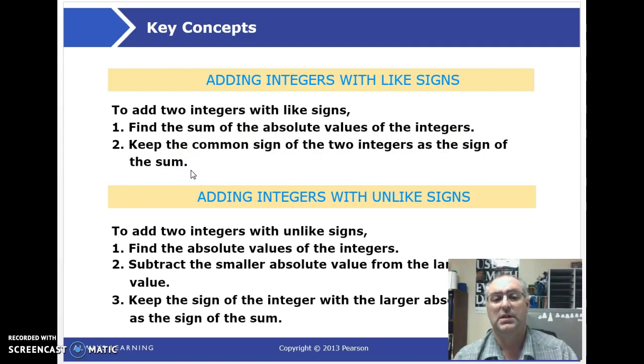I usually tell students that you can keep the larger one, because if they're the same, then obviously the larger one will be the appropriate sign. When adding integers with unlike signs, you first find their absolute values, subtract the smaller absolute value from the larger absolute value, and then keep the sign of the integer that had the larger absolute value. If we do that in both cases, we'll get the correct sign on the answer.